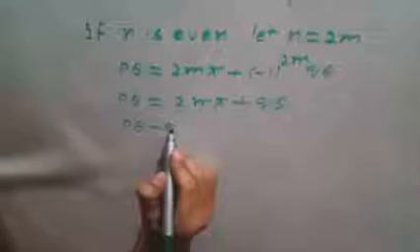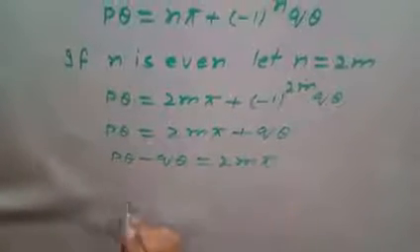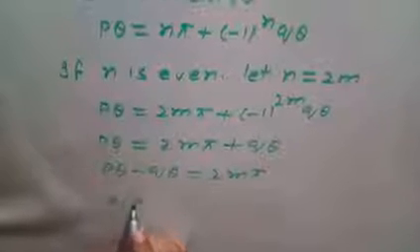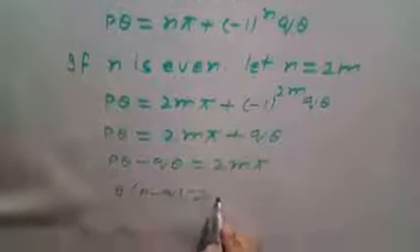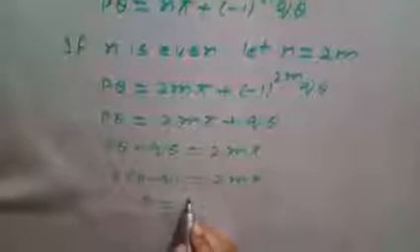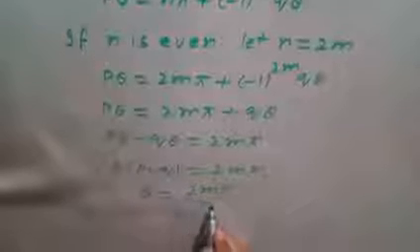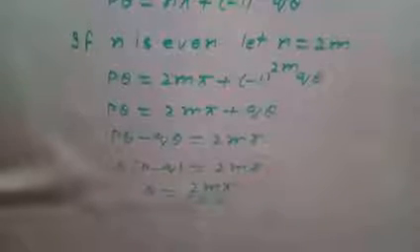In the next line, pθ here is plus, the other side minus, so taking θ as common, (p - q)θ = 2mπ. So θ = 2mπ/(p - q). This is the first condition.